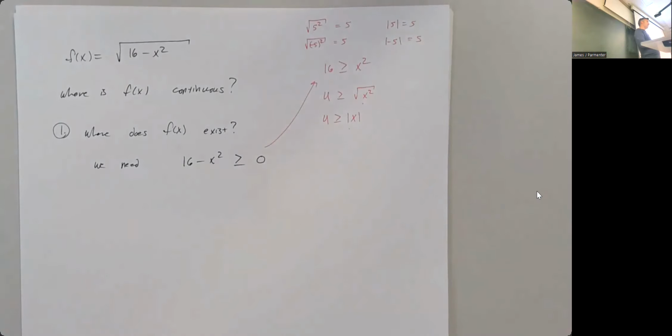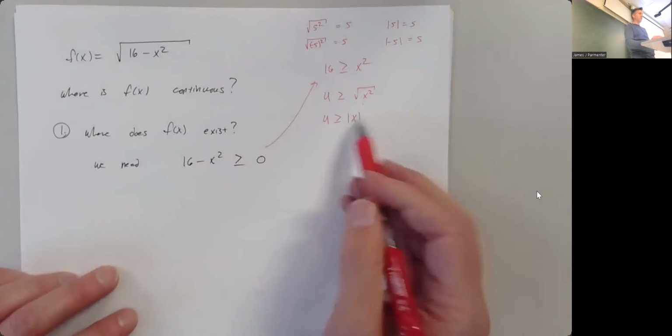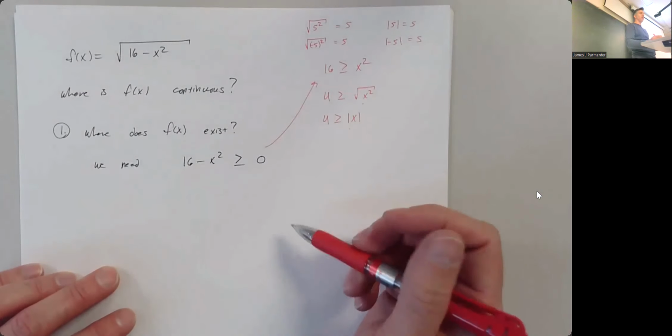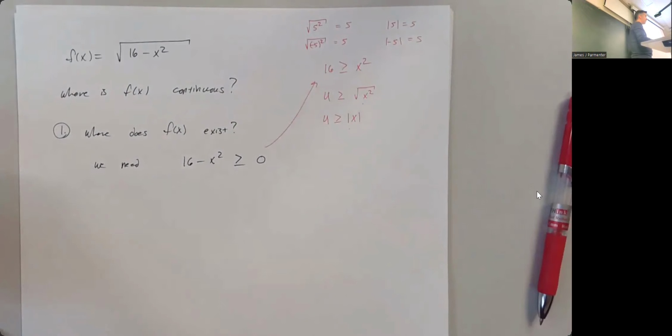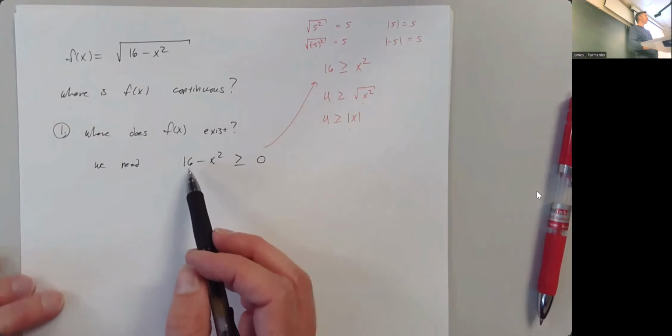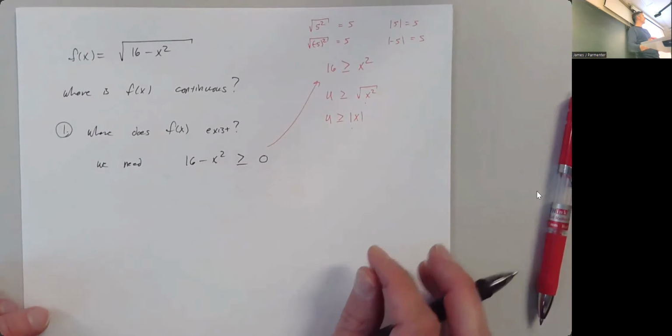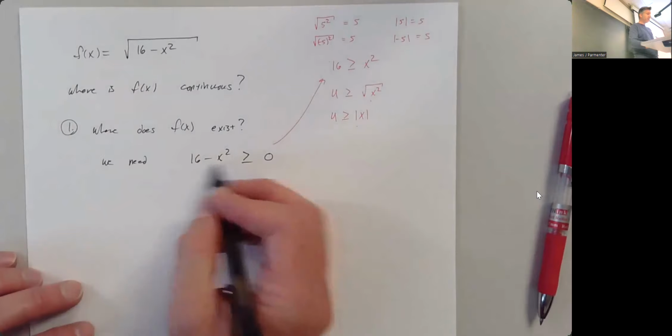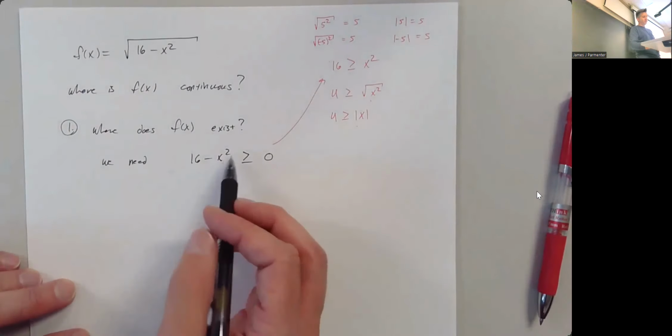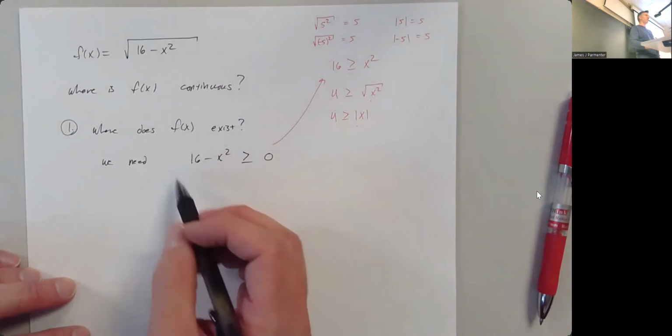So you could solve this way, but I don't love solving absolute value inequalities. They're not impossible, but there's a better way. The better way to solve an inequality like this is to factor and use a sign chart. This is where I think the sign charts are actually really necessary. So this definitely factors. Now be careful here. Lots of people want to factor this as x minus 4 times x plus 4.